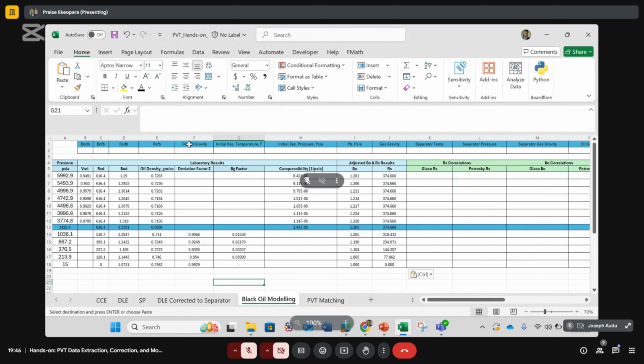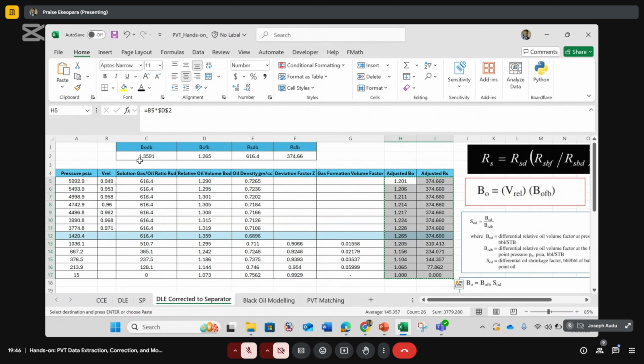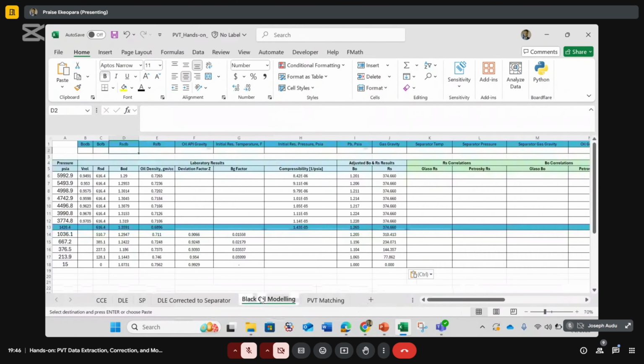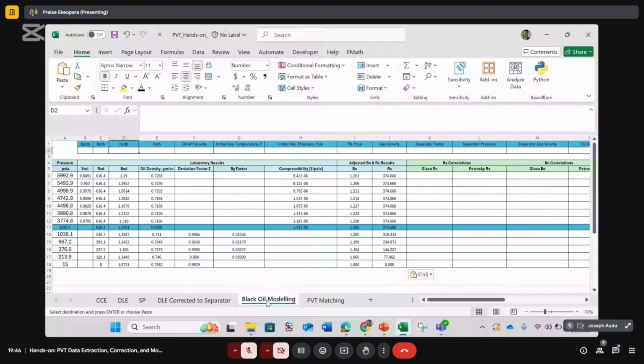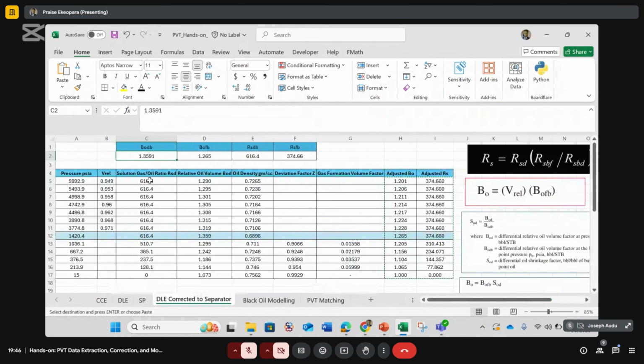So the next thing I can do now is to fill up this information. I think I have them already here, starting from BOI and this. I'll just copy here.